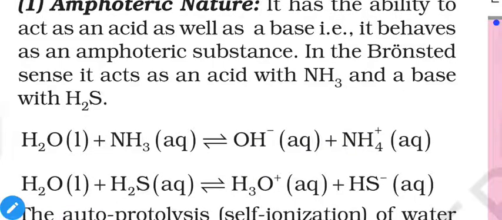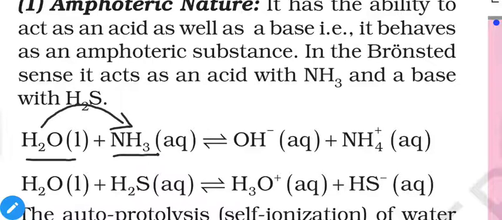And examples are mentioned as follows. We have ammonia, which is basic by nature. With ammonia, water will behave as acid. So the common nature of acid is to donate hydrogen as a proton, that means H+. So water will donate H+, and the common nature of base is to accept H+.